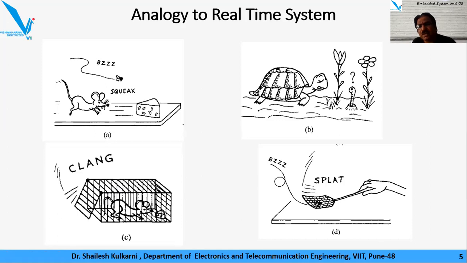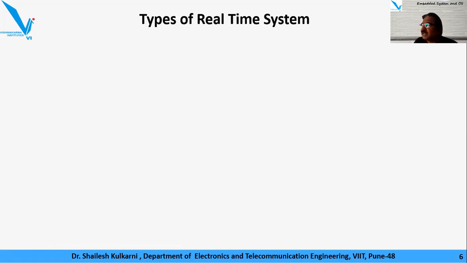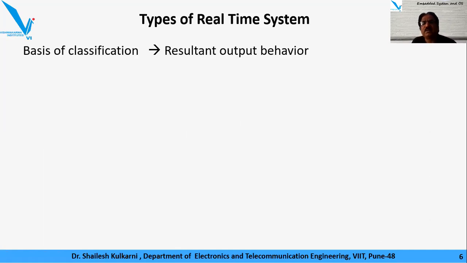Okay, so going ahead, you can see the different types of real-time systems. The types of real-time systems are derived from the resultant output behavior. The basis for classification is what kind of output happens and what happens if that output doesn't meet the functionality or the timing specified during design time.